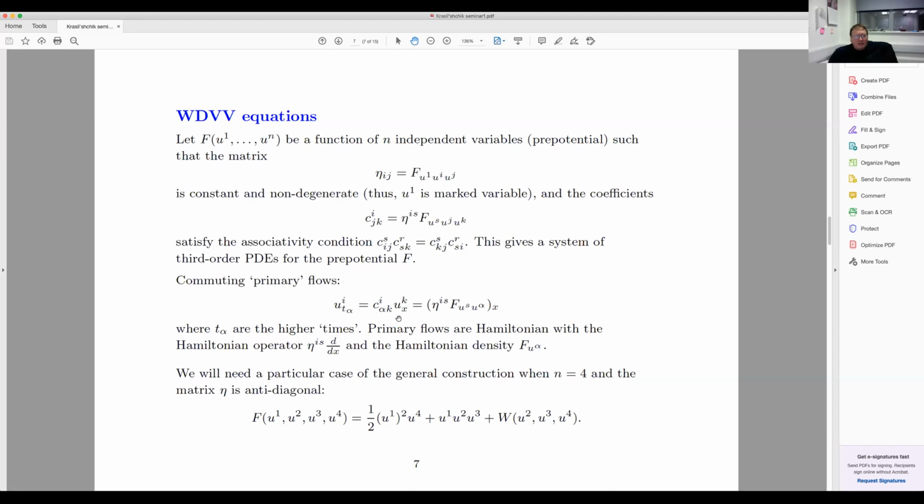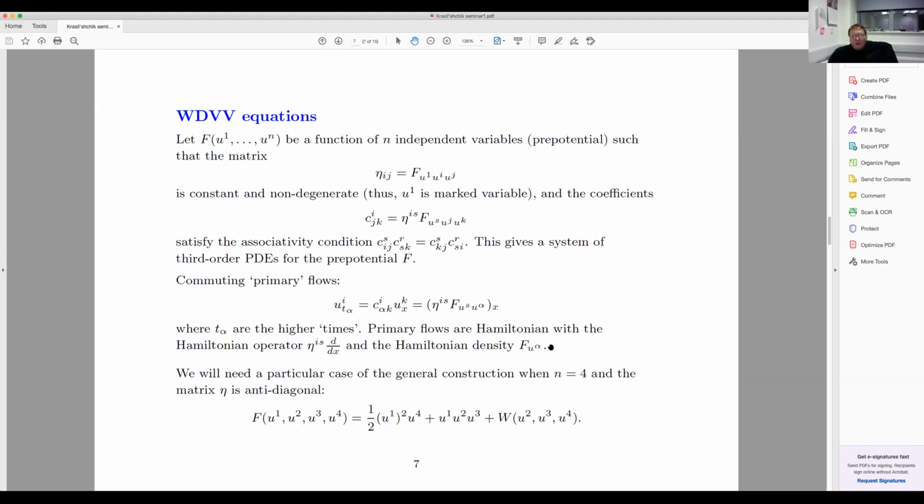So for every fixed alpha, I have a hydrodynamic type system. If I take t^1, then this will be a trivial flow. So in fact, there are n-1 commuting flows of this kind. These flows by construction are Hamiltonian, with this Hamiltonian operator and this Hamiltonian density. So these are primary flows.